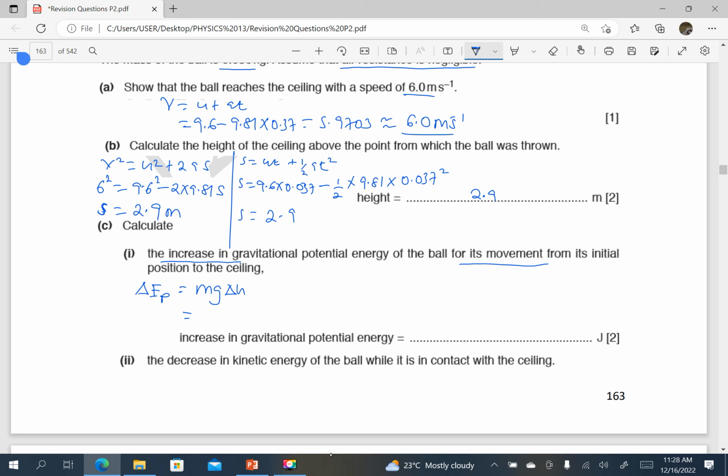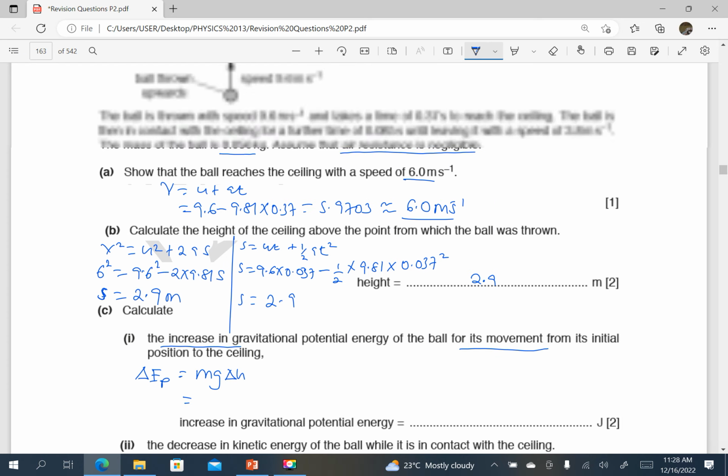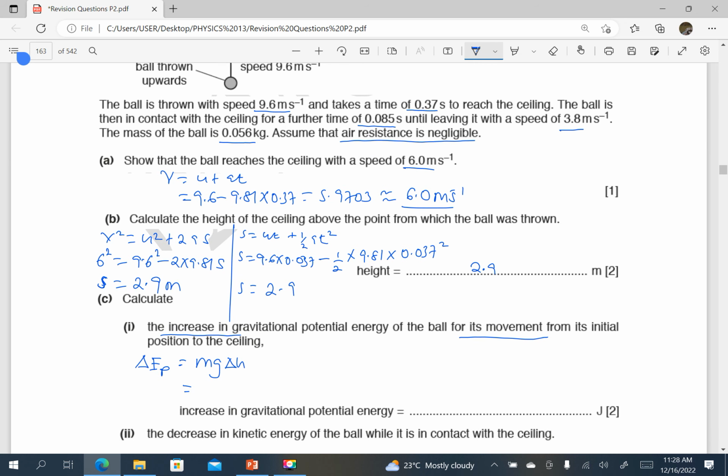The mass was given as 0.056. g is 9.81 times the increase in height, which is 2.9. And of course, when you press your calculator, this is 1.6 joules.